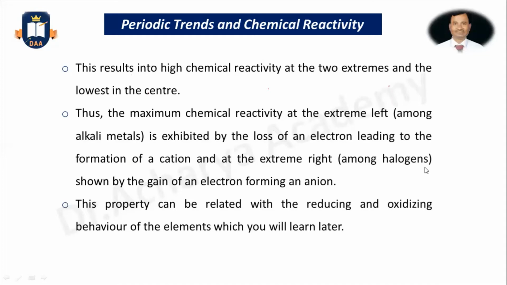So this element wants to gain one electron to get the next noble gas configuration, forming a singly charged anionic form, and that's why it also shows the maximum chemical reactivity. This property can be related with the reducing and oxidizing behavior of the elements, which we will learn in the next chapter.